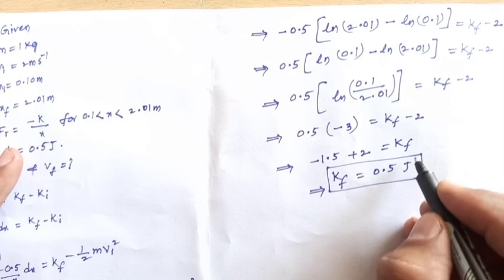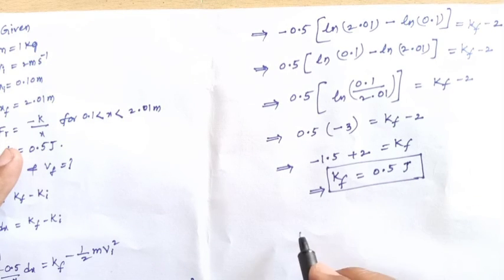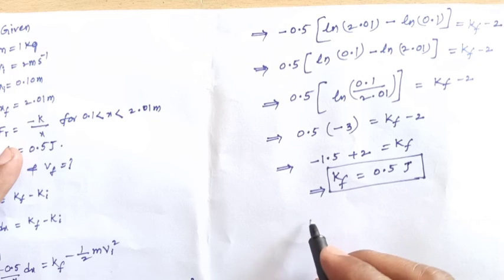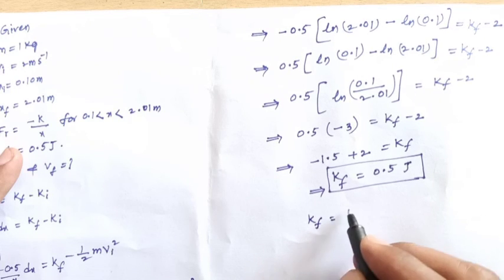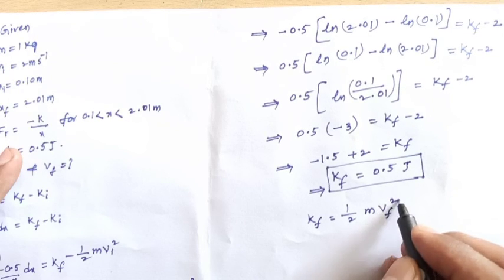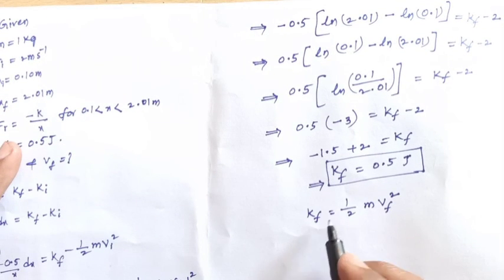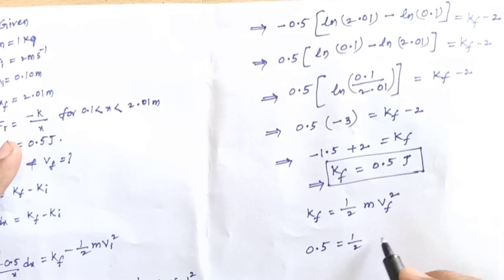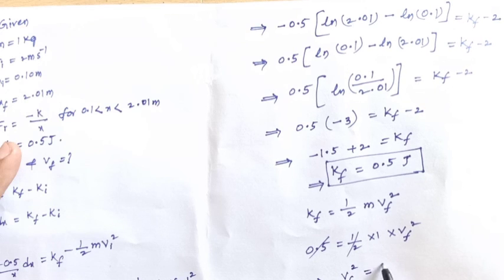Next, what is the final velocity? From the final kinetic energy, Kf equals half m vf square. Kf is 0.5 equals 1 by 2, m equals 1, into vf square. The 1 by 2 and 0.5 cancel, so vf square equals 1.